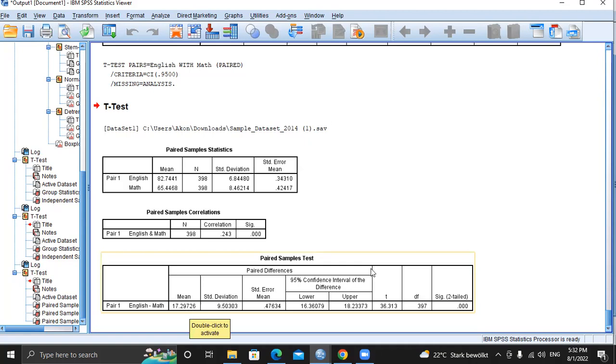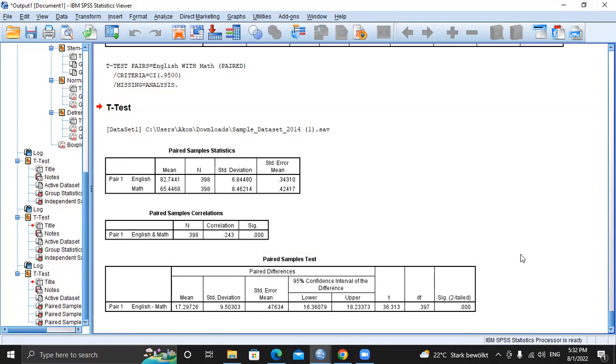I'm trying to establish, okay, the mean difference, same as it was for the first sample. We have our mean. Okay, this is our mean difference, which is 17.297, with a standard deviation of this.